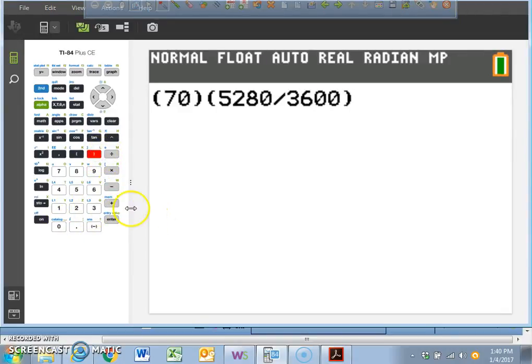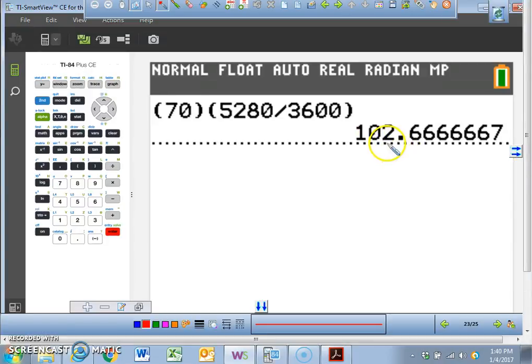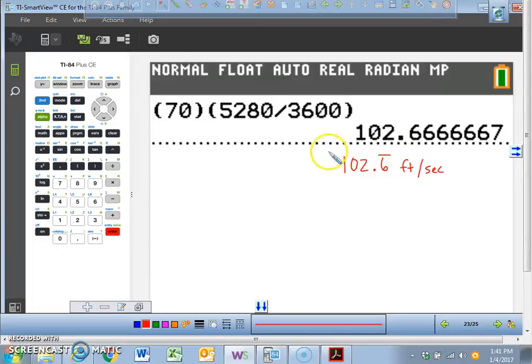When you're multiplying fractions, remember it's numerator times all the numbers in the numerator divided by the denominator. And what do we get? We get 102.6 repeating, which means our initial velocity, I'm just going to write this a little bit more condensed, 102.6 with a line over it, and write that as feet per second.